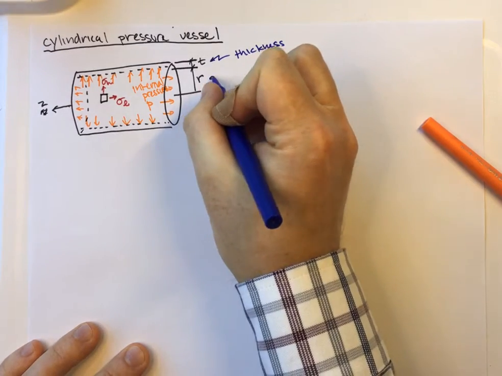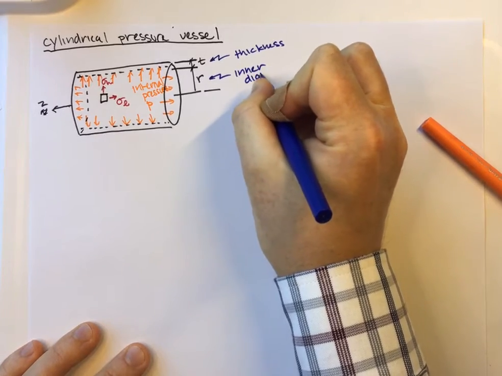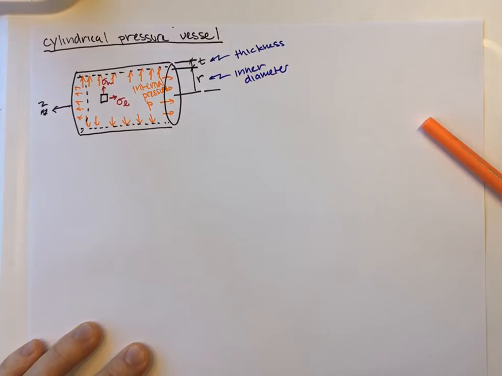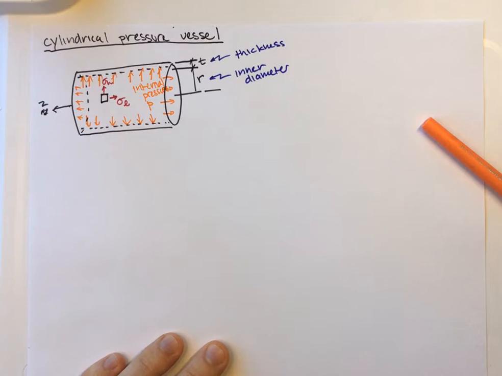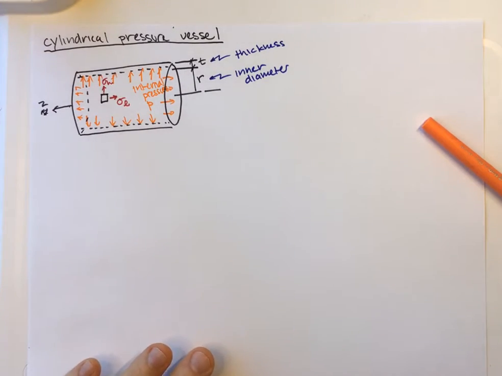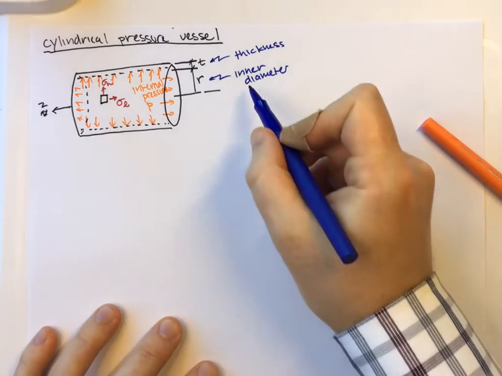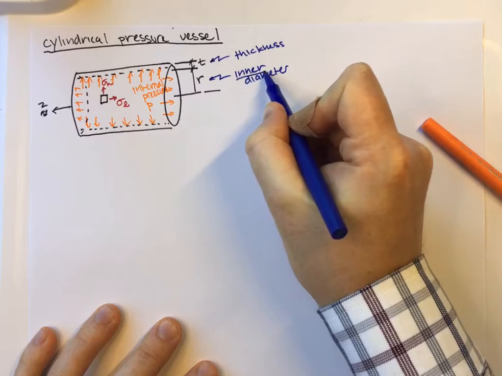Just as a reminder, the thickness is T. It's important to remember that we use the inner diameter when we're talking about these problems, although the inner diameter is typically quite a bit larger than the thickness, so it tends to be a small error if you end up using the average or the outside. But for our problems here, we're going to stick to the inner.